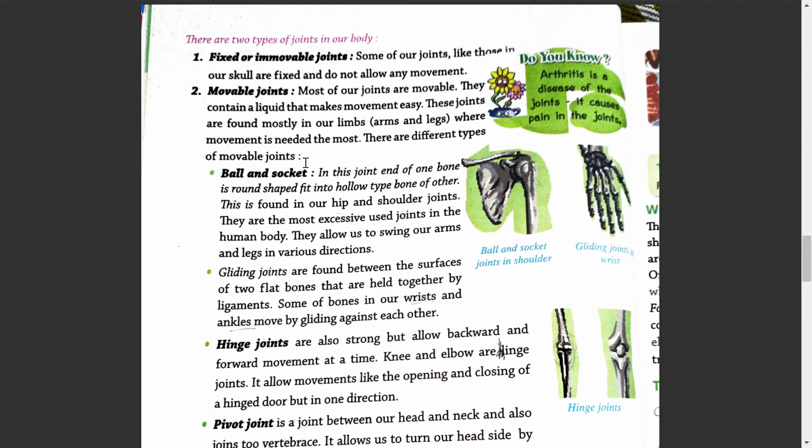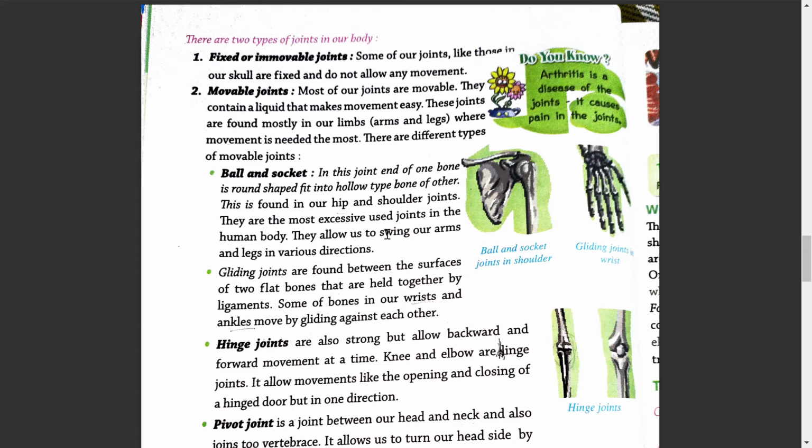As we have seen, these movable joints are found mostly in the limbs like arms and legs. They are classified into four types according to your book.